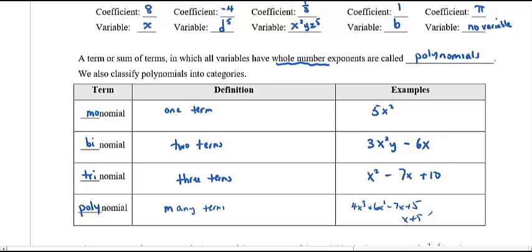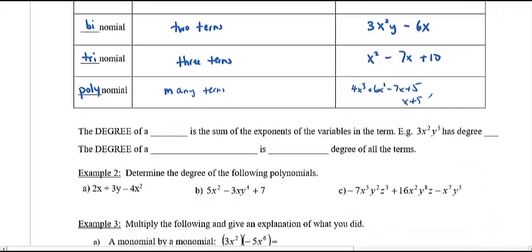Now some more terminology here. There's something called the degree. The degree of a term is the sum of the exponents of all the variables in the term. So in this case, 3x squared to the power 5, the exponents are 2 and 5. We add them together, so we have a degree of 7.